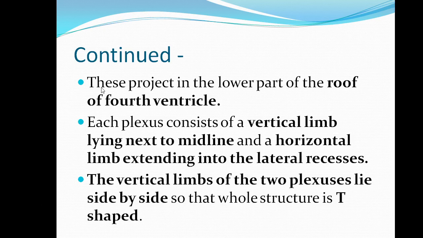These choroid plexuses project in the lower part of the roof of the fourth ventricle. Each plexus consists of a vertical limb lying next to the midline and a horizontal limb extending into the lateral recess. The vertical limbs of the two plexuses lie side by side so that the whole structure is T-shaped.